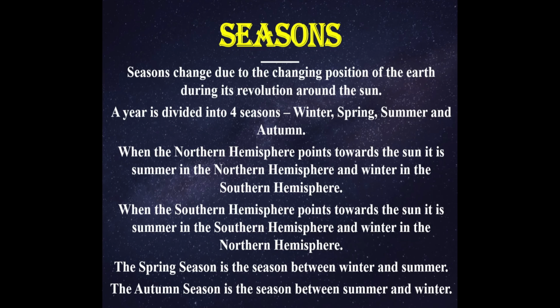So now it is clear that seasons change due to the changing position of the earth during its revolution around the sun. The year is divided into 4 seasons, that is winter, spring, summer and autumn. When the northern hemisphere points towards the sun, it is summer in the northern hemisphere and winter in the southern hemisphere.